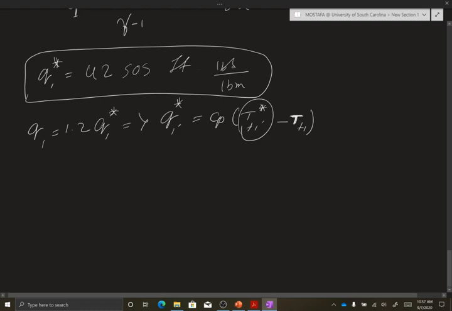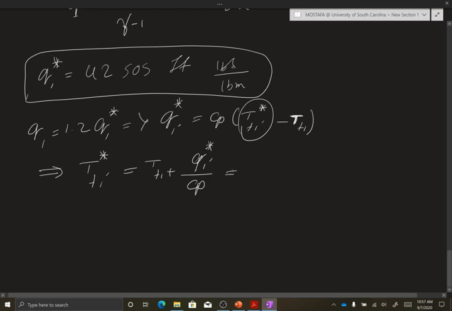Okay. So we are looking to find the new total exit temperature, which if you rearrange these equations, you are going to find Q1 prime over CP. We have the CP, you have the TT1, you have the Q1 prime star.